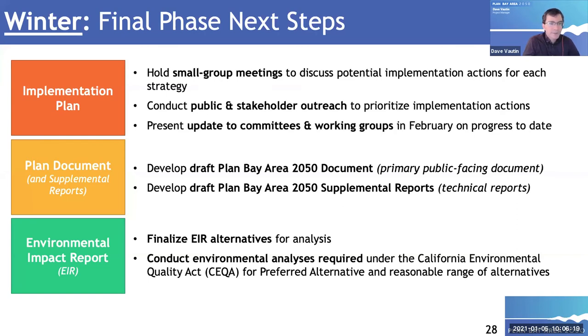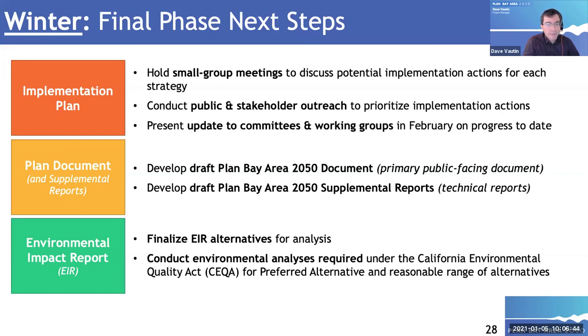For the implementation plan, we are doing a lot of work on that this winter. We're holding small group meetings to discuss the different implementation actions. There's actually a survey right now where if you want to give us feedback on which strategies to accelerate, we would love to hear your thoughts on that. And we'll be speaking to our committees and working groups in February, including the Regional Advisory Working Group on the implementation plan.